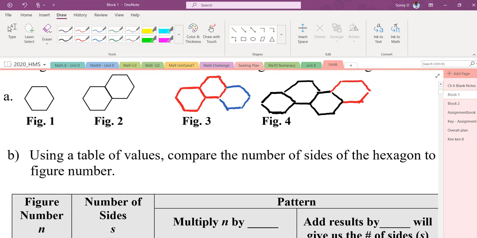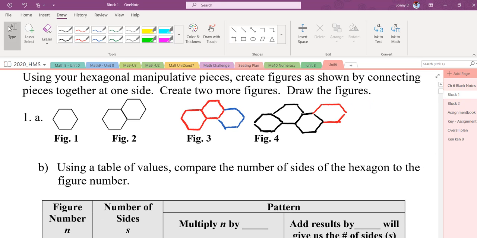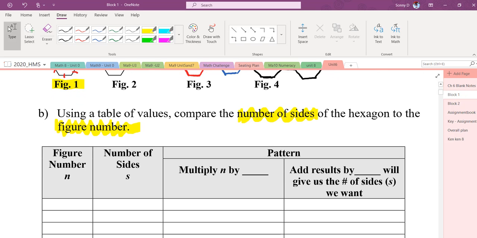So the question here is to come up with the relationship for the number of sides compared to the figure number. The figure number is here, and the number of sides, this is 1, 2, 3, 4, 5, 6. So the first diagram has 6 sides.